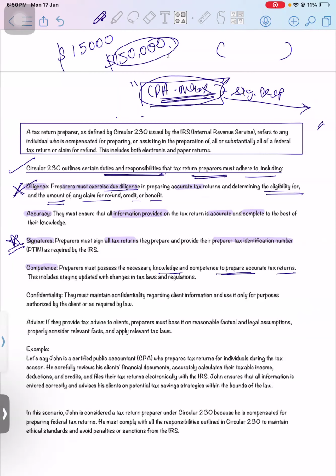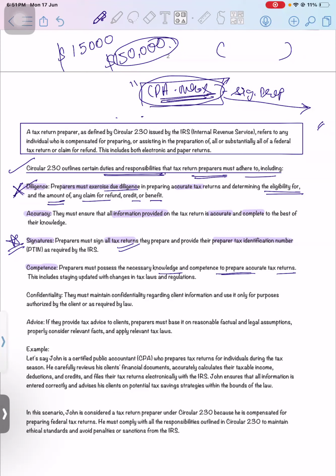But if you guys didn't clear the EA exams, and you don't have any practical knowledge about preparing the tax return or anything, will you be called a competent preparer? Even if you all have a PTIN. See, PTIN is compulsory. As soon as you file and sign the return, the PTIN needs to be entered on the tax return.